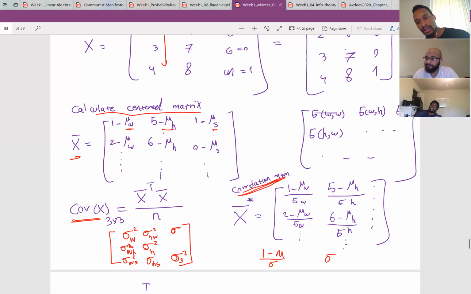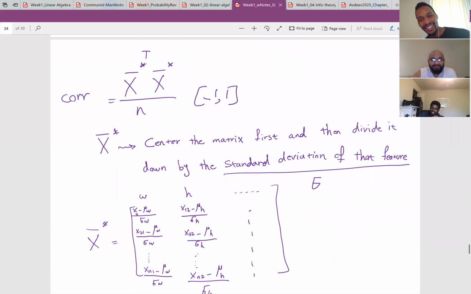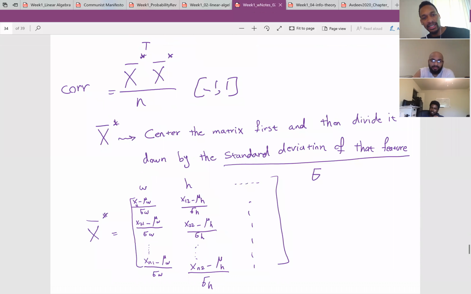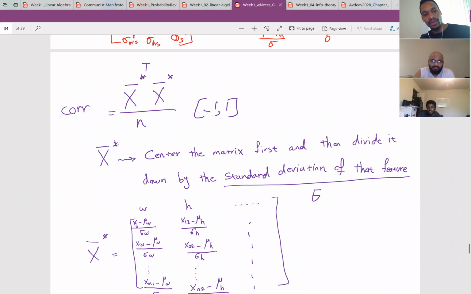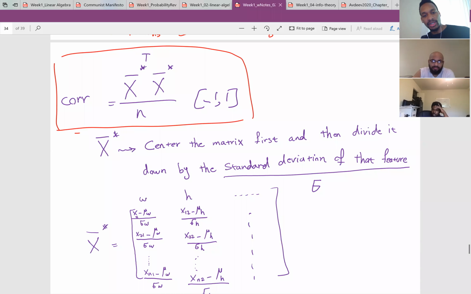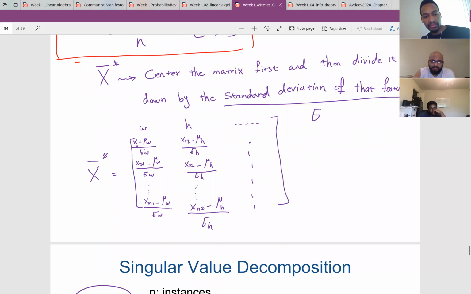Oh, this is great. This is going to be some good analysis. We should use our data sets if that's ethical. So you can use this equation if you want. It's just centering the matrix first and then dividing by the standard deviation of that feature.